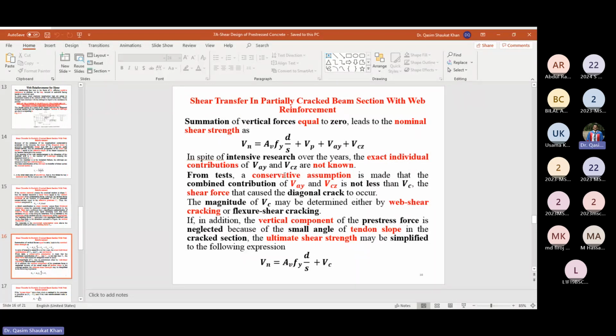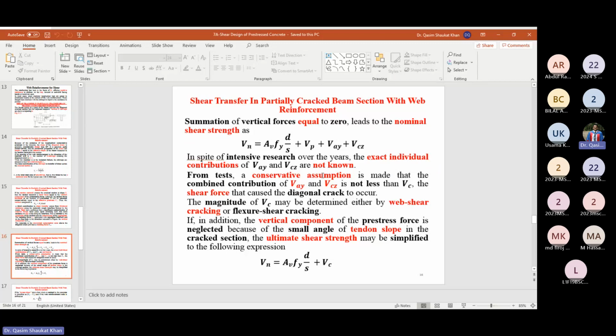In spite of the intensive research over the years, the exact individual contributions of VAY and VCZ, the contribution of the fracture plane and the aggregate interlock, and the contribution of the compression zone above the crack, are unknown.